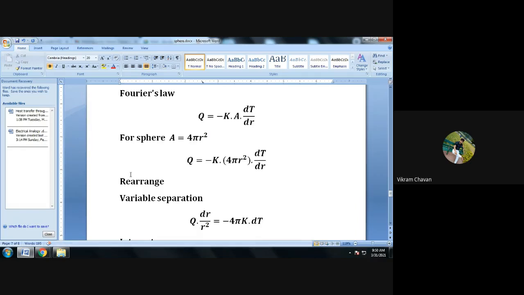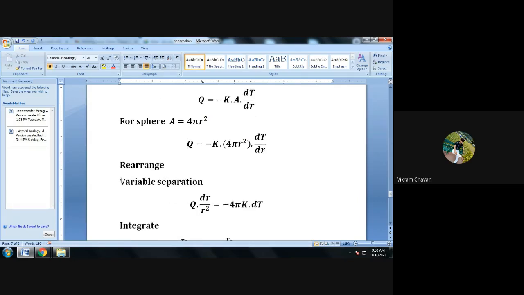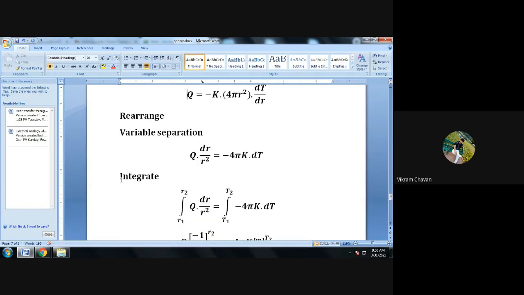So rearrange the equation, or variable separation. We will get Q multiplied by dr divided by r square is equal to minus 4 pi k multiplied by dT.